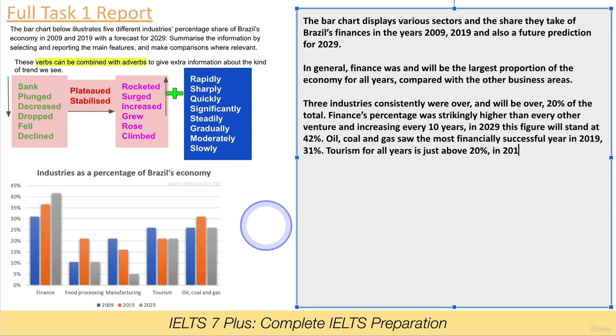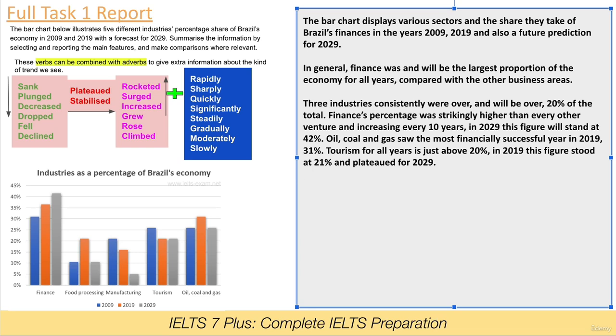In 2019, this figure stood at 21%, and we can use this word plateaued, which means stayed the same. This is a tricky spelling here, plateaued. For 2029. Okay, let's read this back.